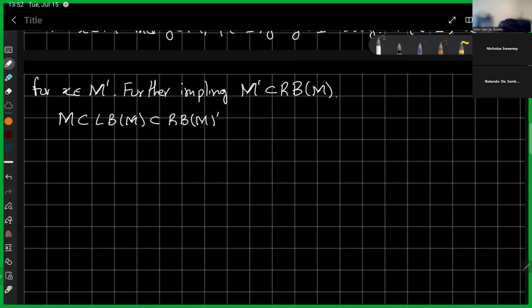And this switches the order. So this is going to be prime of prime, which is equal to M. So this implies that M is equal to left bounded and also equal to the right bounded.